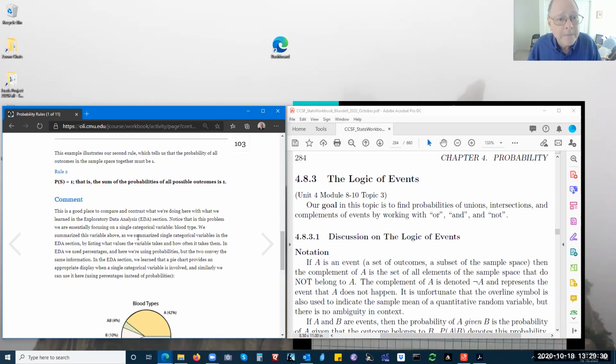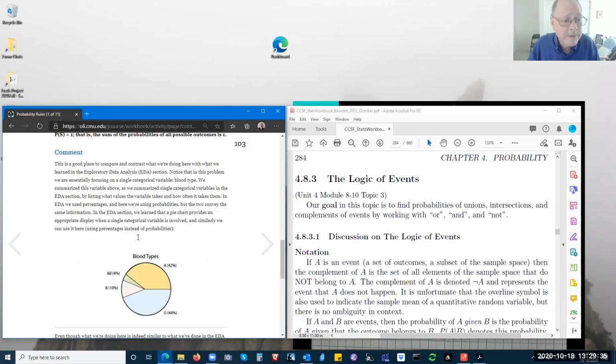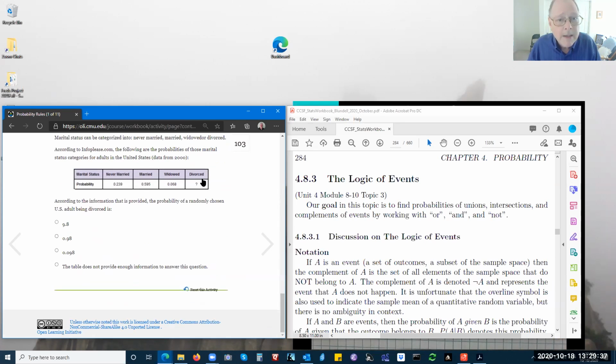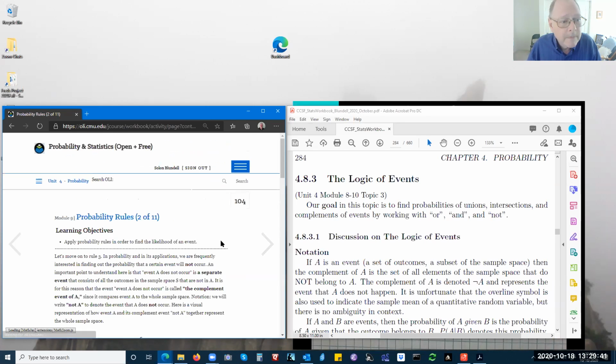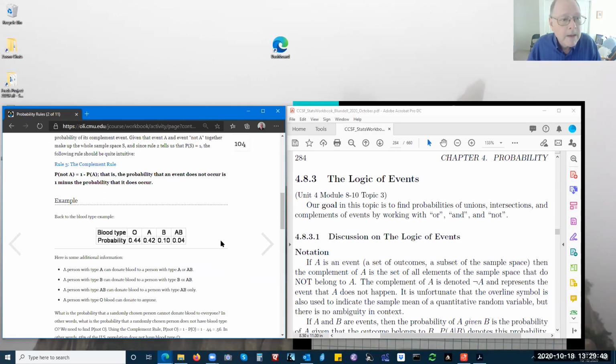So your list of possible outcomes should not leave out anything that could happen. And then we come to this complement rule and the union rule after that.